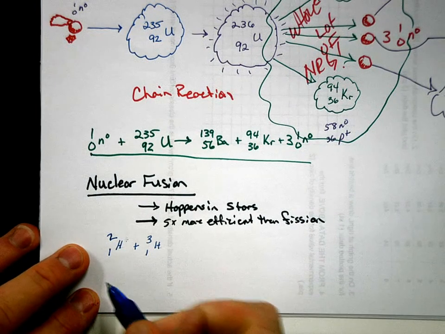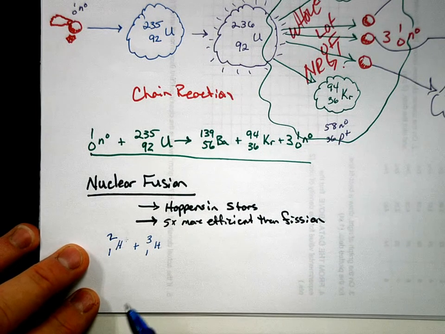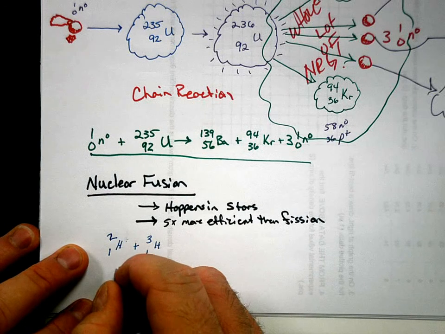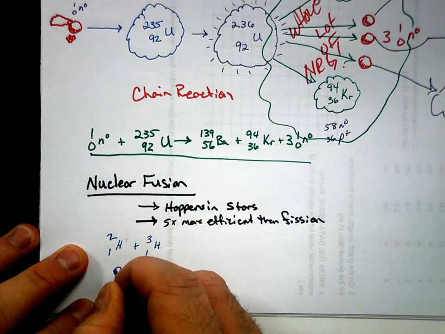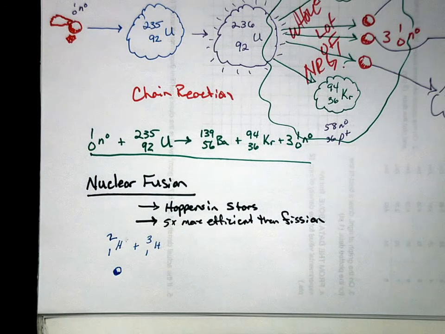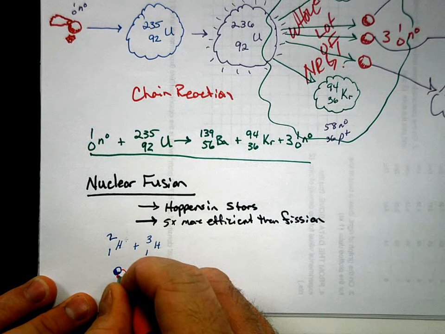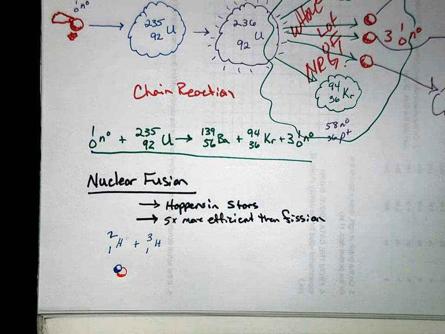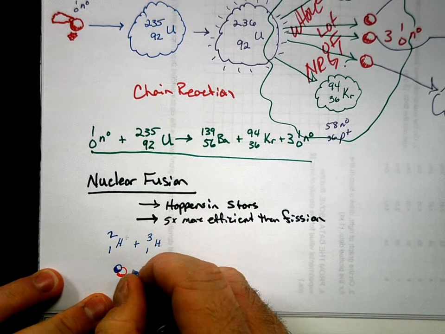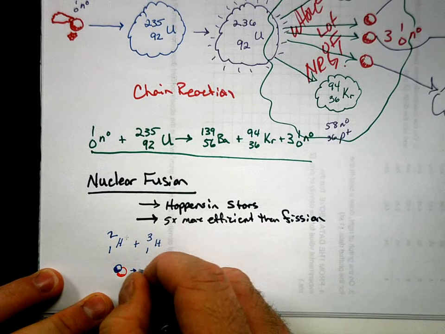This is a hydrogen with an extra neutron in there. Remember that blue is proton, and red is neutron. And these two collide.